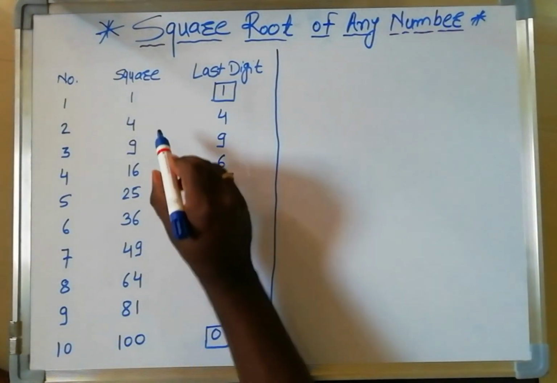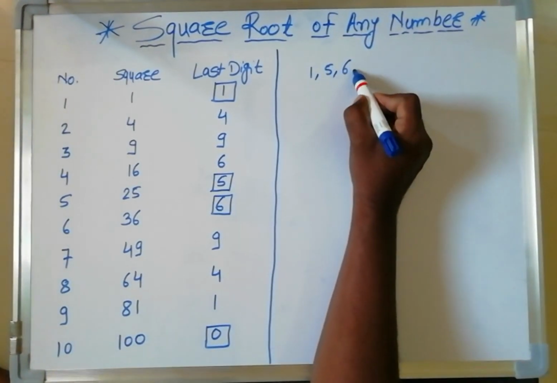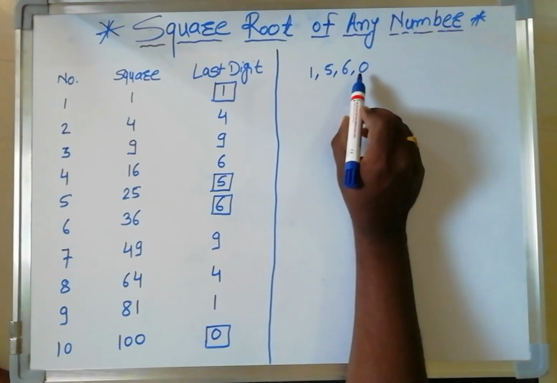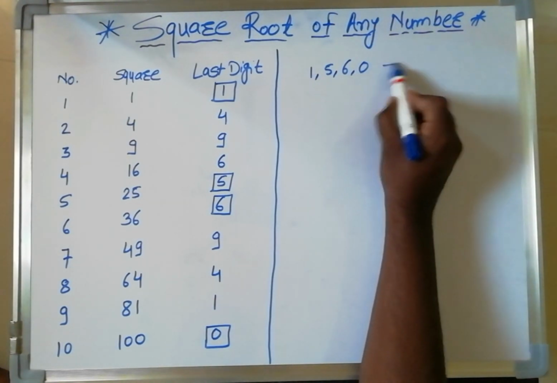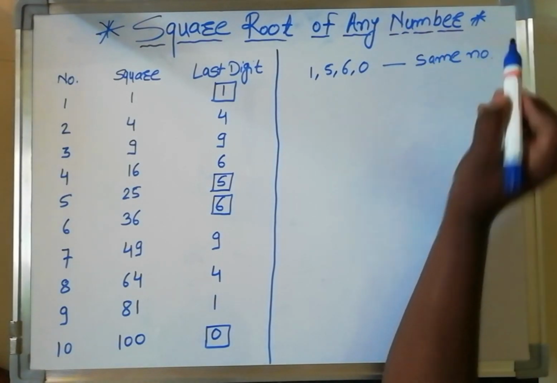Means if 1, 5, 6 and 0 is the last digit of any number, then the square ends with the same digit.